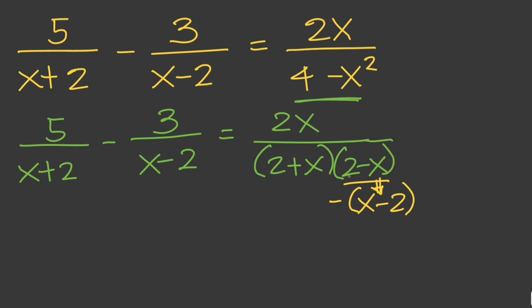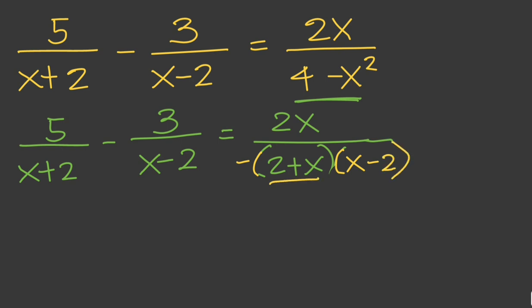Therefore, we can just write this as negative x minus 2. And 2 plus x can also be written as x plus 2. They're just equal anyway. And now let's find the LCD of the whole equation.